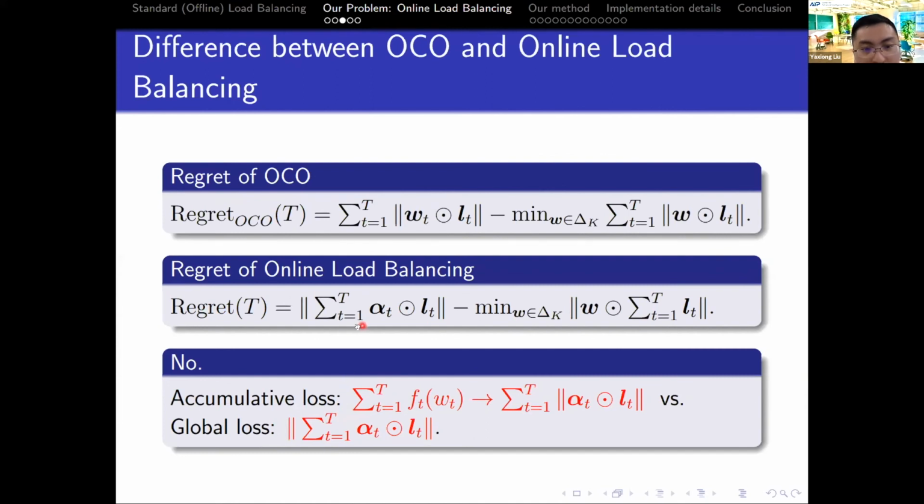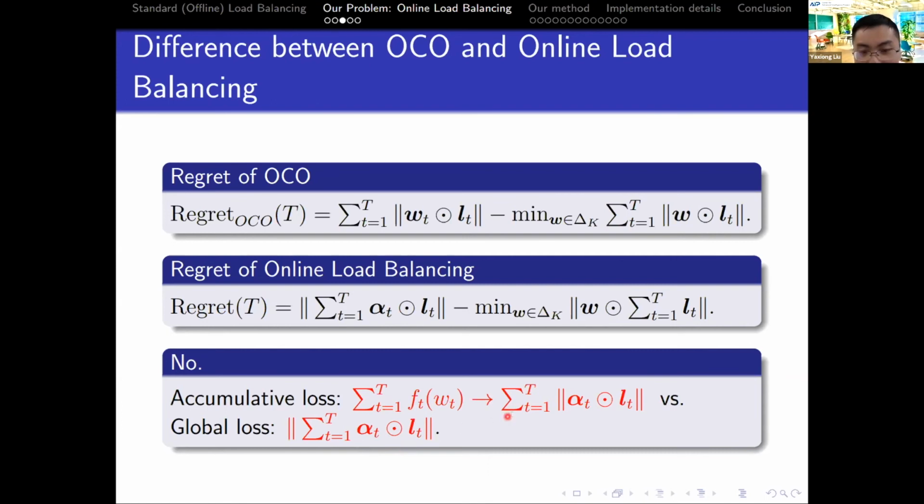The main difference, at least we can say, is from the regret. The first line is the regret of OCO according to the last page, and the second line is the regret we defined for the online load balancing. Obviously the difference is about the cumulative loss here, and the global loss we discuss for the online load balancing problem.